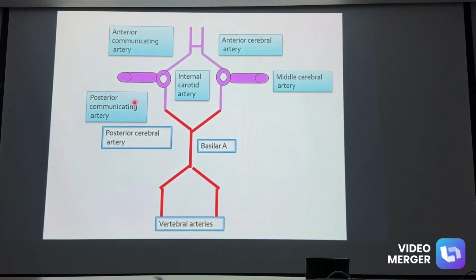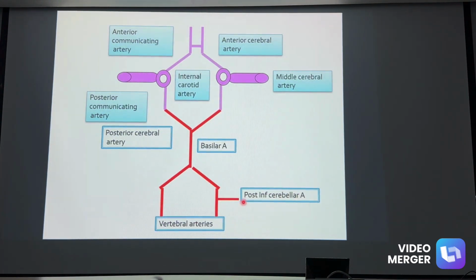The posterior communicating artery comes directly from the internal carotid artery and joins the posterior cerebral arteries. Sometimes there is what is called an infantile posterior communicating artery, a congenital abnormality, which directly communicates with the posterior cerebral artery distal to the P1 segment, which is almost hypoplastic or absent in this case.